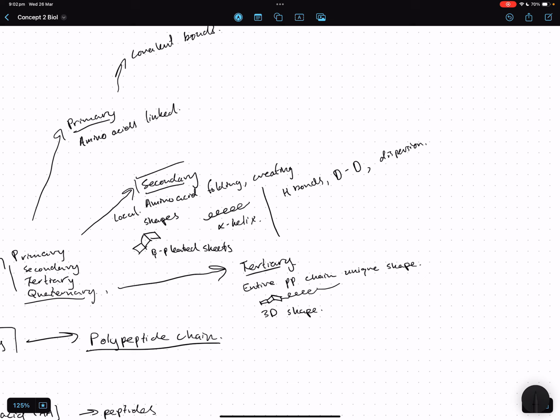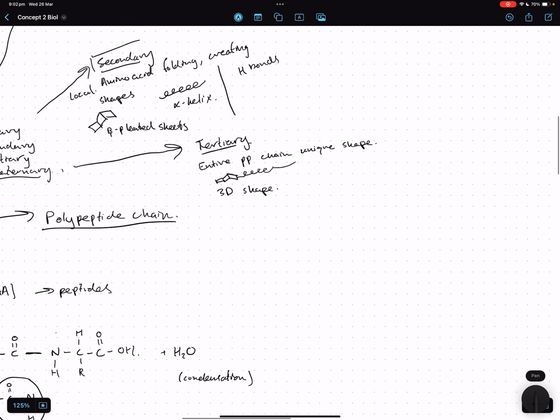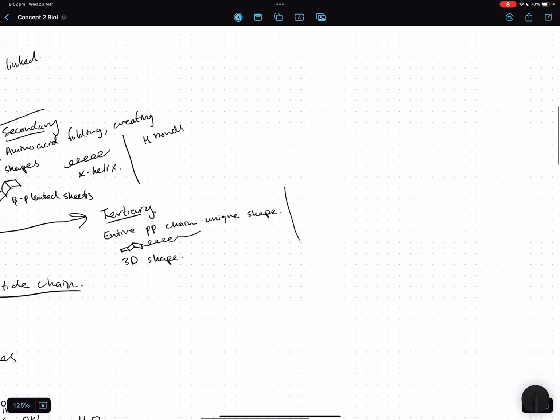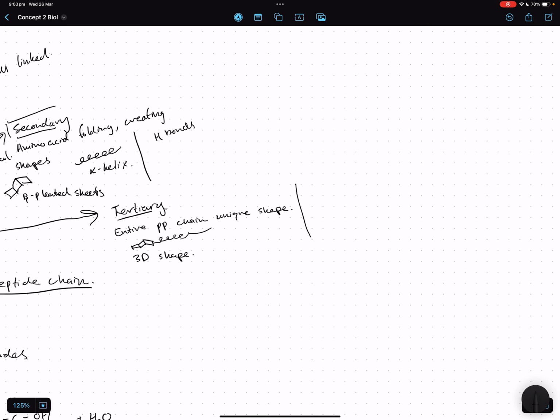In the secondary structure, it's mostly the hydrogen bonds that are really doing things, like little hydrogen bonds between adjacent molecules in an alpha helix. In tertiary, there's a big range of forces because it's now a pretty big molecule.